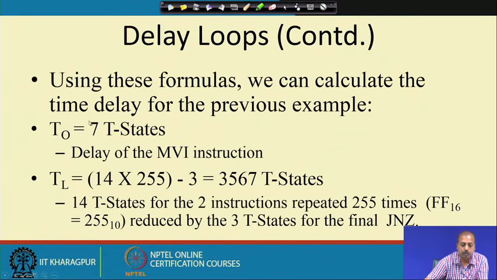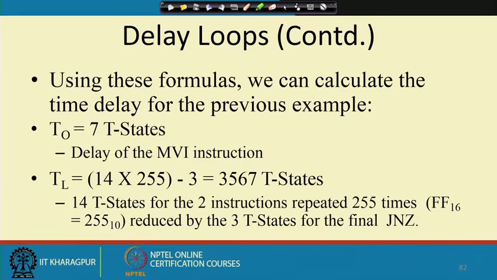Using this formula, we can calculate the time delay of the previous example. T_O is the MVI instruction, which took 7 T states. For the T_L part, 14 T states were necessary, repeated 255 times.